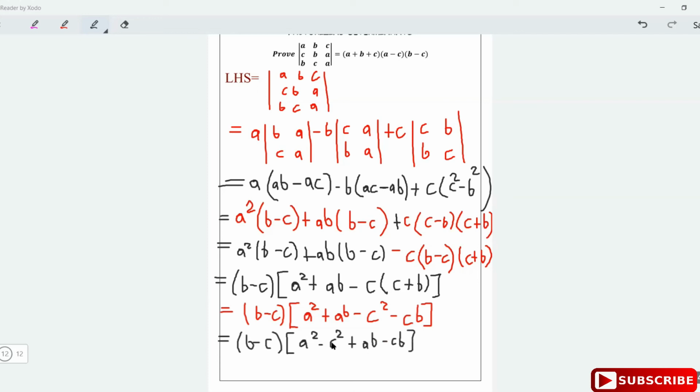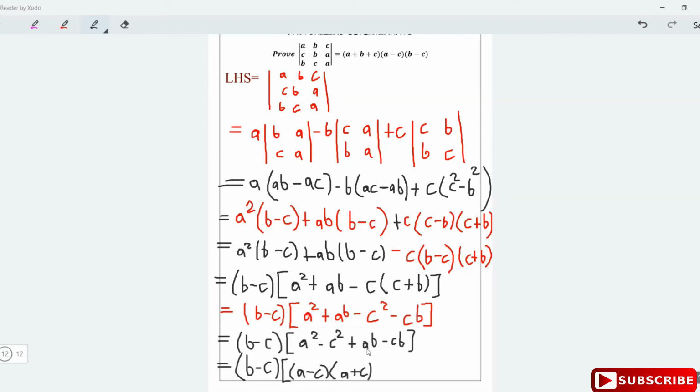You might say, why put those together? Because I know that I can rewrite a squared minus c squared as b minus c, and this is now in bracket. What we get now is a minus c times a plus c.